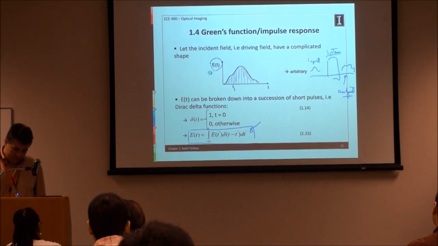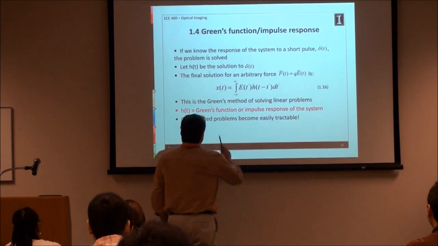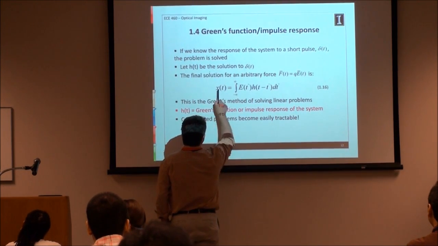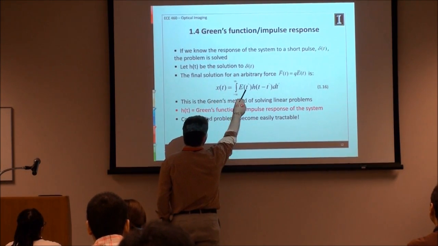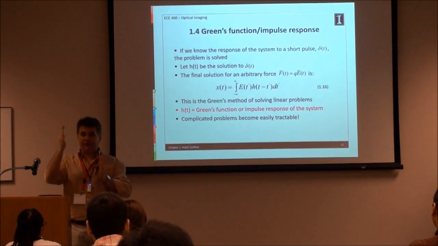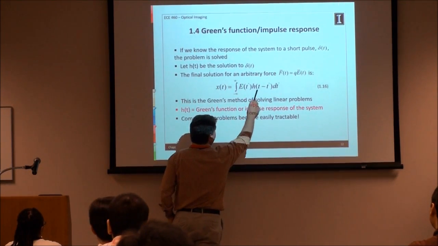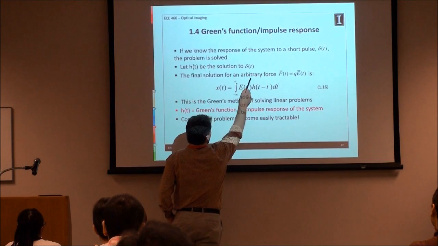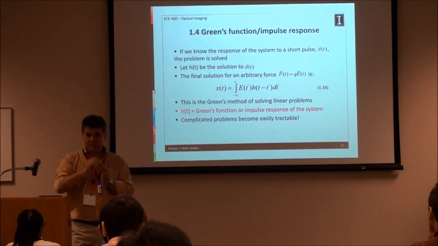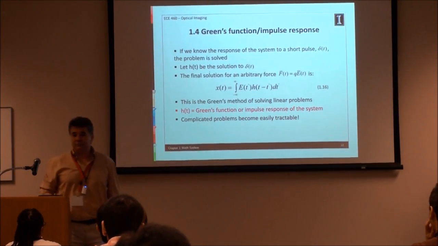So what that means is that all I need to do to find the final solution, x of t, the response, the output of this input, is to add the responses to each of the delta functions. And remember, the delta functions were shifted at different positions. We call the response to delta, if I send the infinitely short pulse through the system, I get out h. I just call it h.